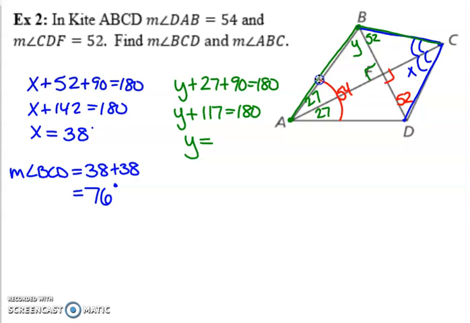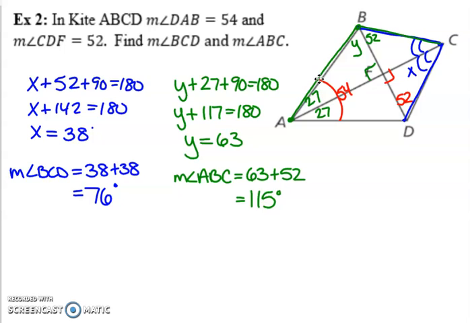So solving for Y is going to be 63 degrees. That means that the measure of angle ABC is the 63 plus the 52 that's right next to it. That's going to give me the whole angle up there at letter B. And so together, that means we are at 115 degrees.